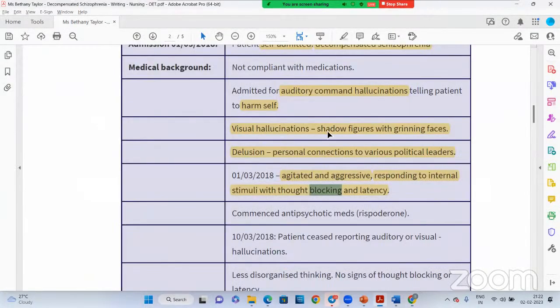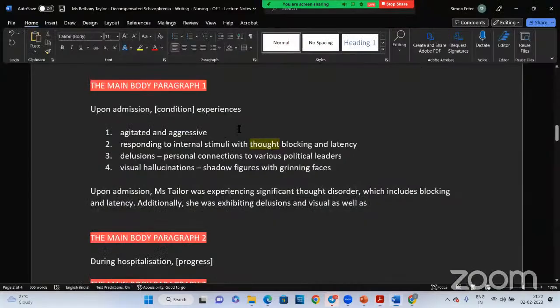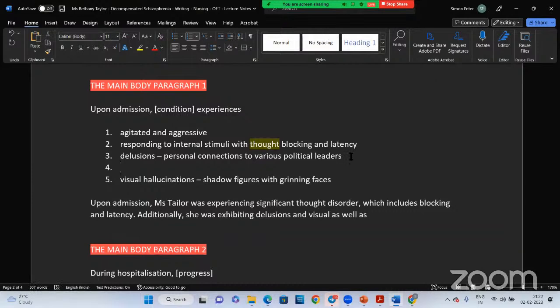Which one is first here? Auditory command hallucinations and visual hallucinations; we missed copying this text here.